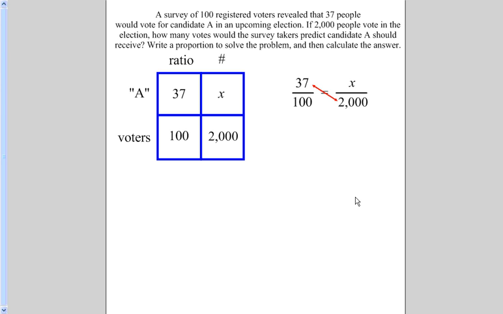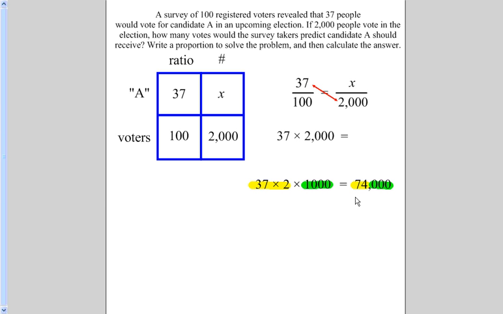So 37 times 2,000. We can solve this in a way that's a little bit easier than what it might look like originally. If we think about 37 times 2,000 as the same thing as 37 times 2 times 1,000, then we can easily solve this and maybe even do it in our head. 37 times 2 is 74, and 74 times 1,000 is 74,000.